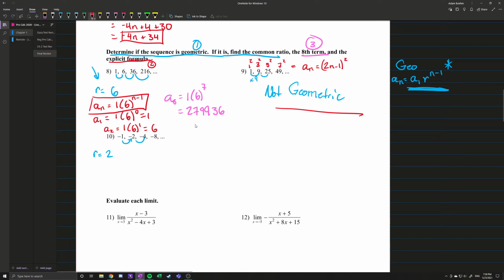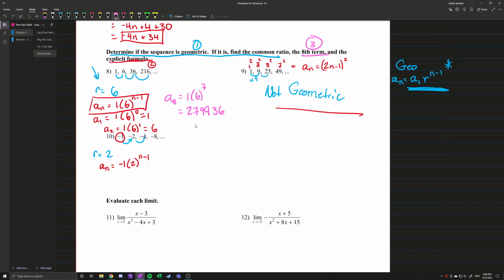Right, so our nth term is going to be our first term, that's this guy right there, times our common ratio to the n minus 1 power. And you can check that if you'd like, but it should work.